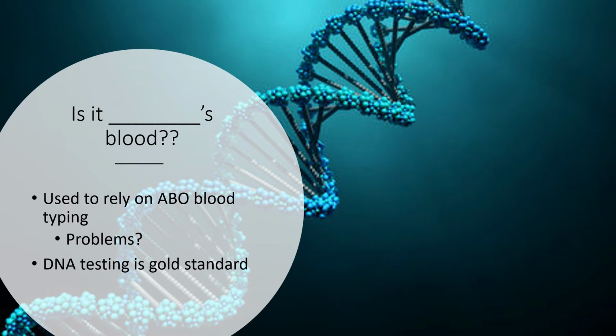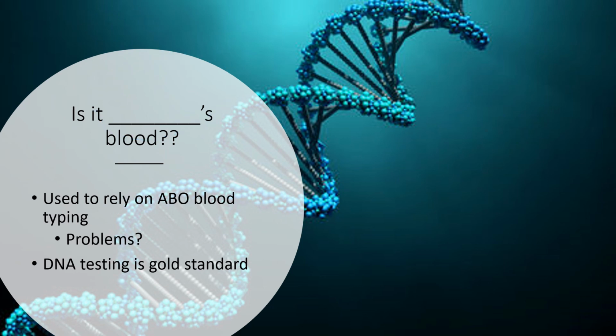So we've already had a couple of tests that are blood determinants, and we've had a couple that are human determinants. They can tell you whether or not something is blood, and if it is, whether or not it comes from a human. Now, what tests do we have that determine whether or not it is so-and-so's blood?